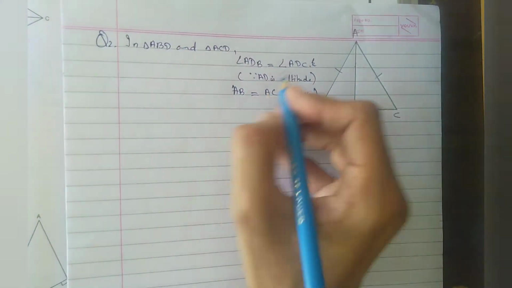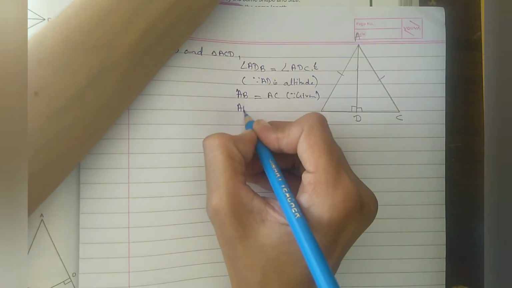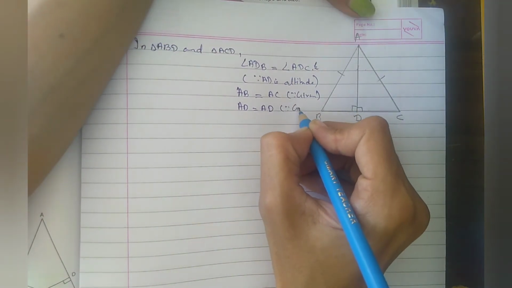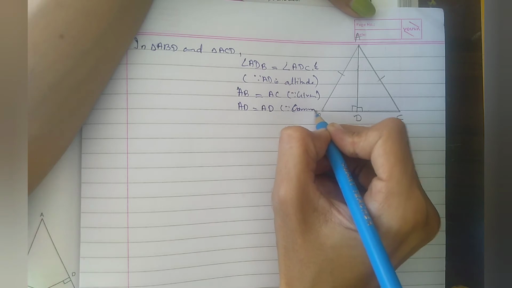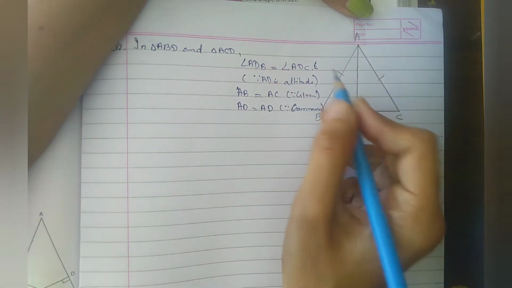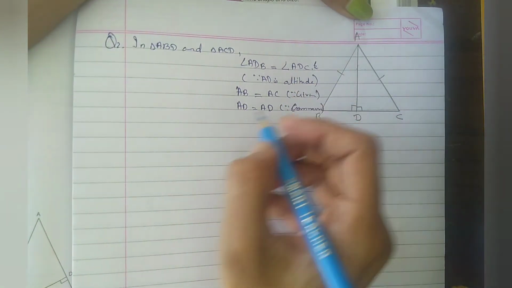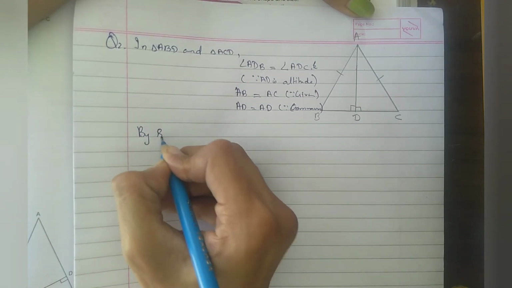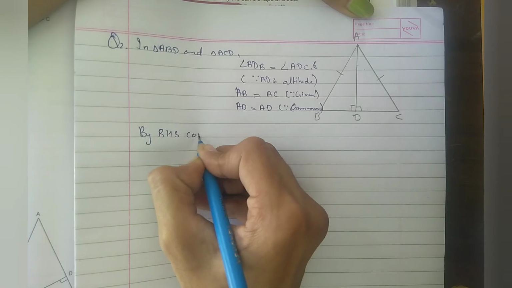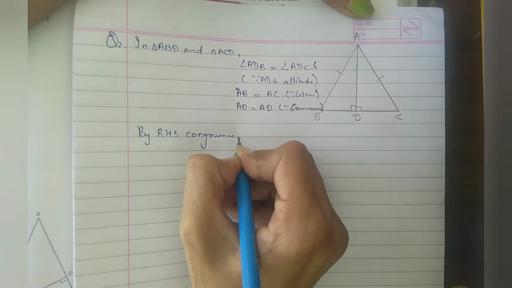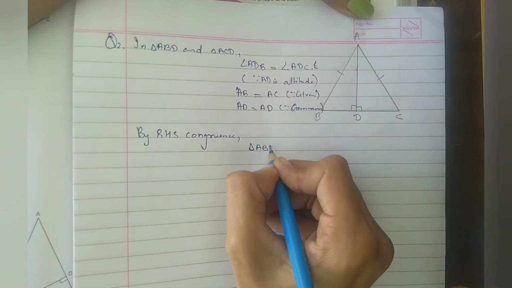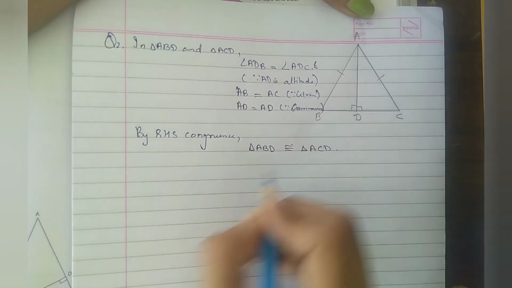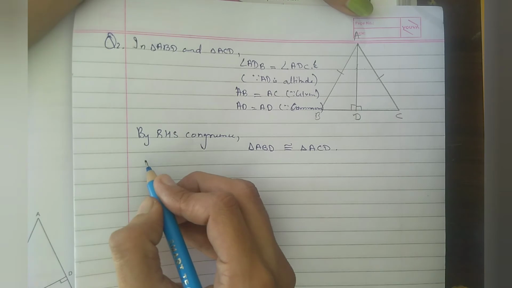Now one side we need, that is AD equal to AD, that is common. So by these three, by RHS congruence, triangle ABD is congruent to triangle ACD. So yes, it is congruent.